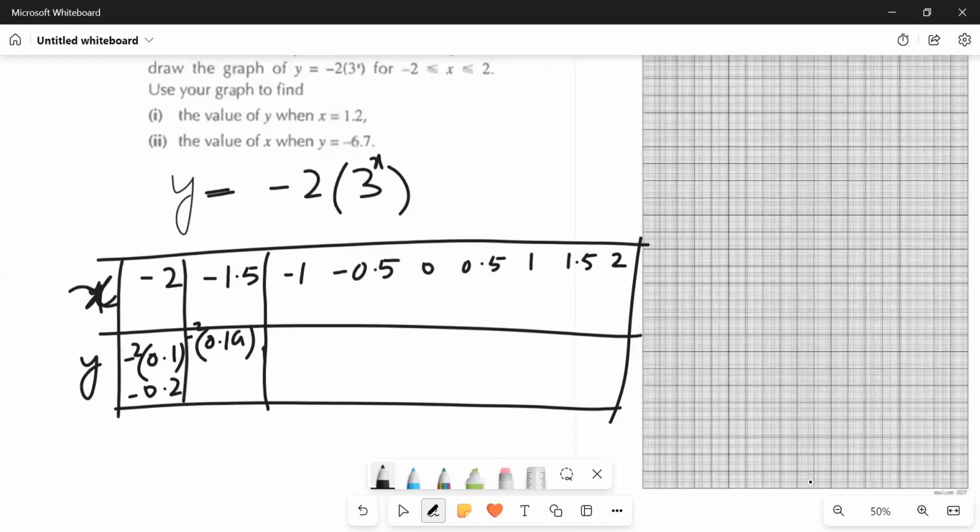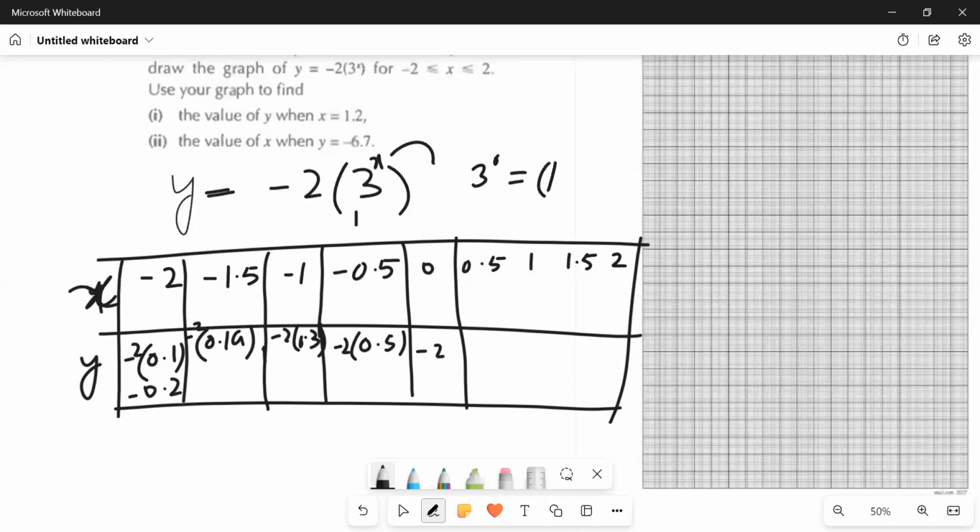Then multiply by -2. We don't need to multiply here because for 0, 3 to the power 0 is 1, and if you multiply with -2, it will be -2.